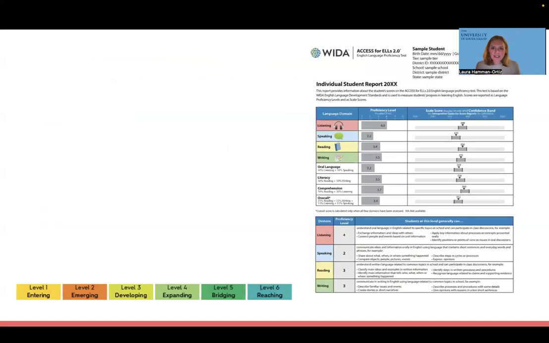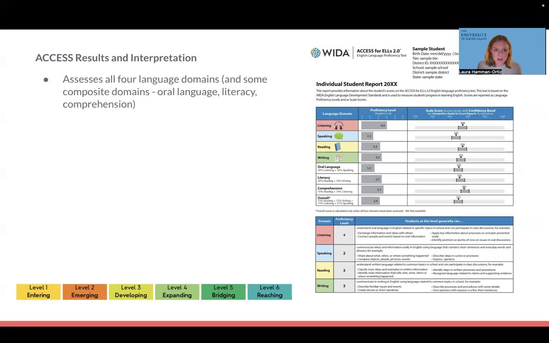Okay, so this is an example of a student report. And if you are a practicing teacher and you work with MLLs, you likely have seen these. I just want to take a minute to unpack some different pieces of what this report includes. So we can see here that it assesses all four language domains, as we looked at on the previous slide. So you see listening, speaking, reading, and writing. You also see some composite scores.